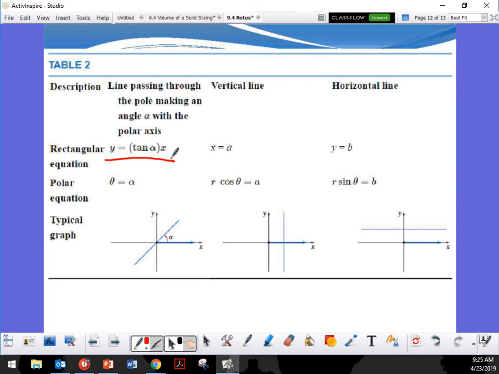Horizontal line, y is equal to b, whatever that line is. In polar, theta is my angle, alpha there, and my vertical line would be r cosine theta equals a, whatever my a is. My horizontal is going to be r sine theta equals whatever that number is. And here are my typical graphs for each one. This is supposed to be just helpful stuff for this.